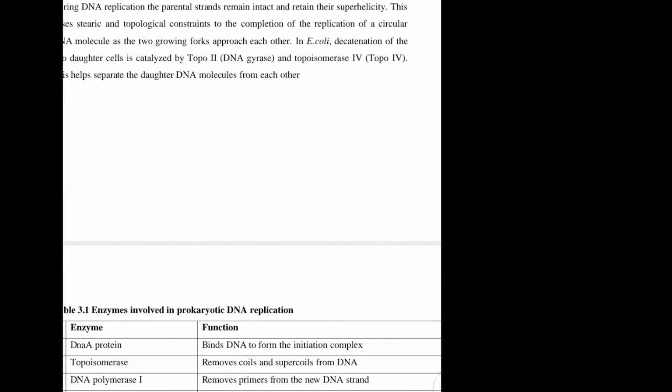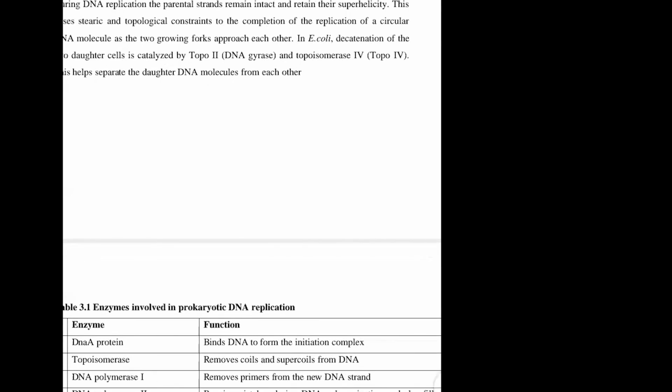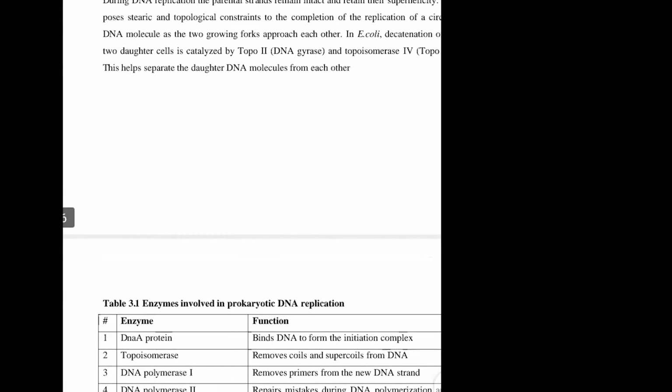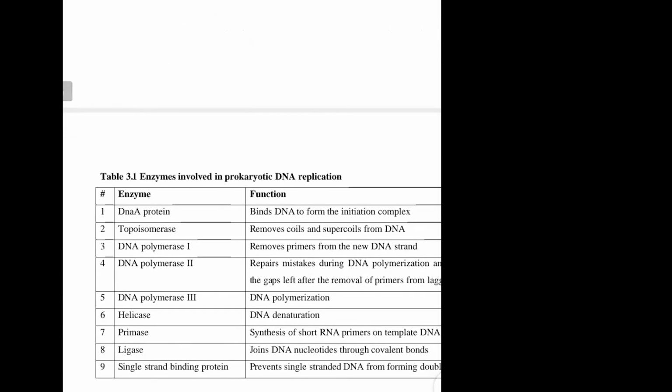In E. coli, decatenation of the two daughter molecules is catalyzed by topoisomerase or DNA gyrase. This helps separate the daughter DNA molecules from each other. Remember, this topoisomerase is just preventing the two circular DNAs from forming coils on each other, okay, so that they are separated, they are independent.